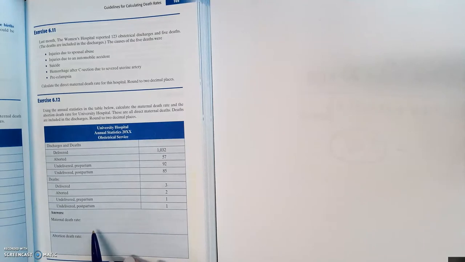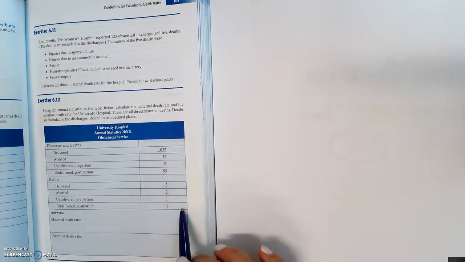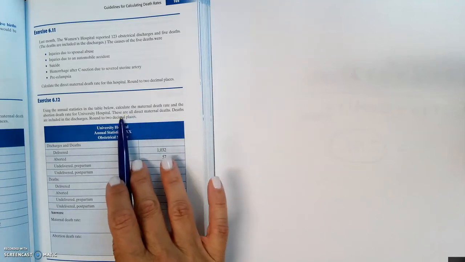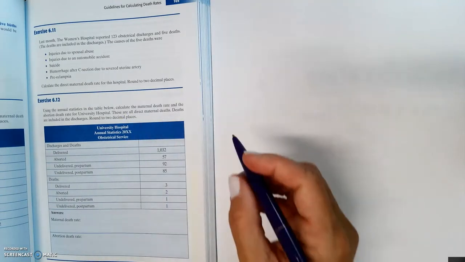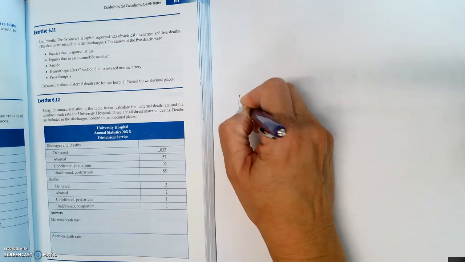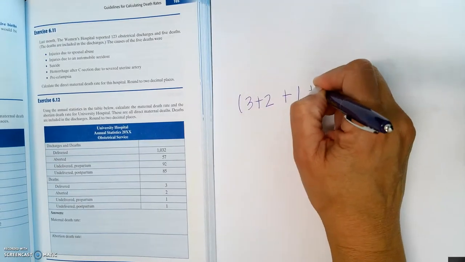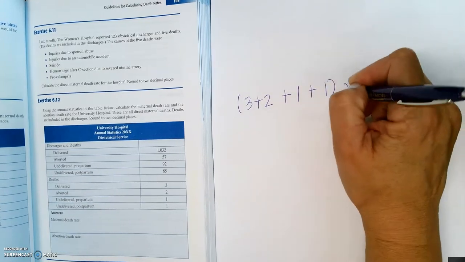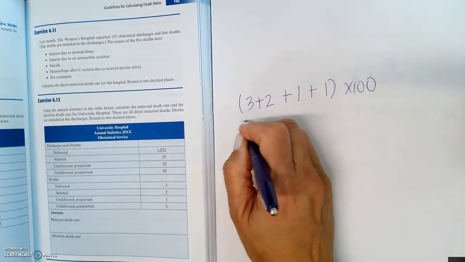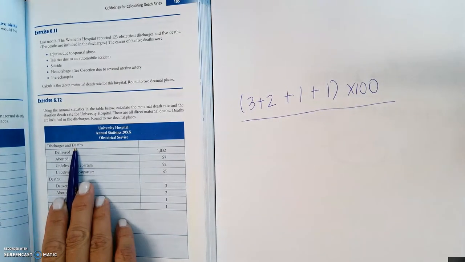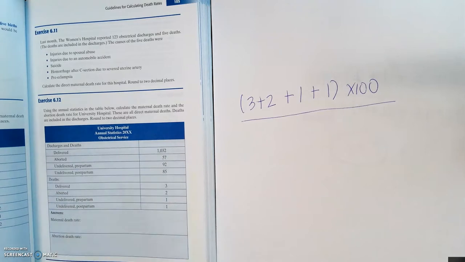So for the maternal death rate, we need the total number of maternal deaths, direct maternal deaths. We are told here they're all direct maternal, so we're going to use all of our deaths. 3 delivered, plus 2 aborted, 1 pre, 1 post, multiplied by 100, over the total number of discharges including deaths. Deaths are already included in the discharges. They tell us that there too.